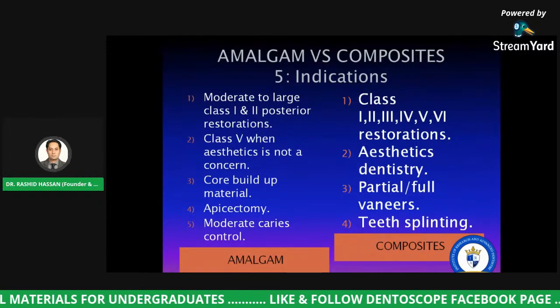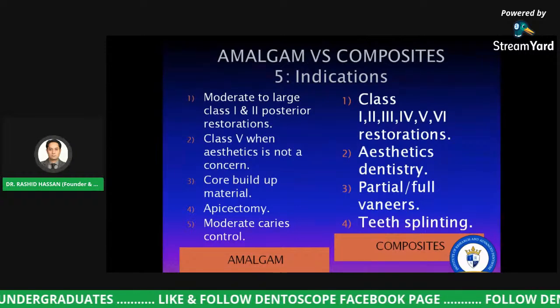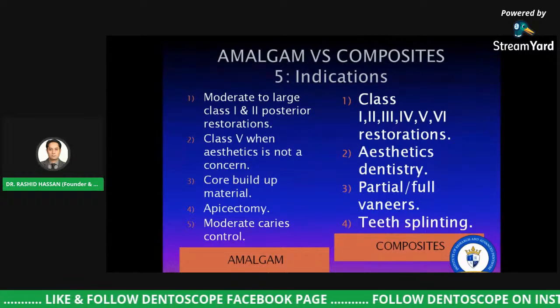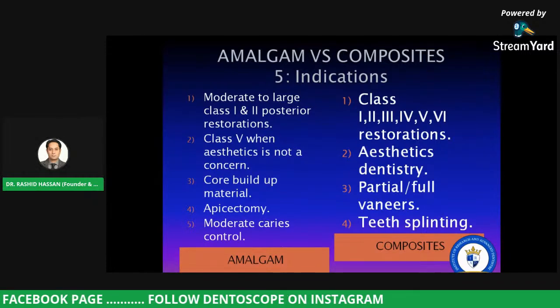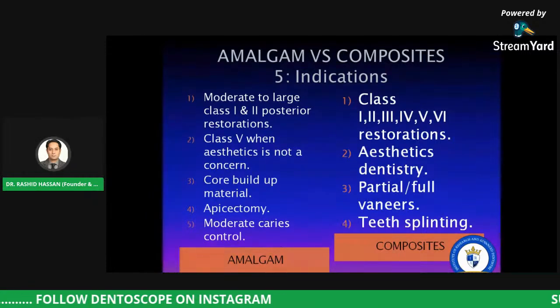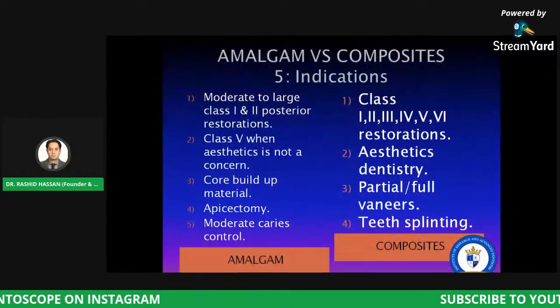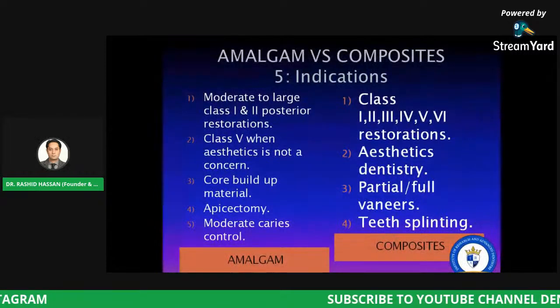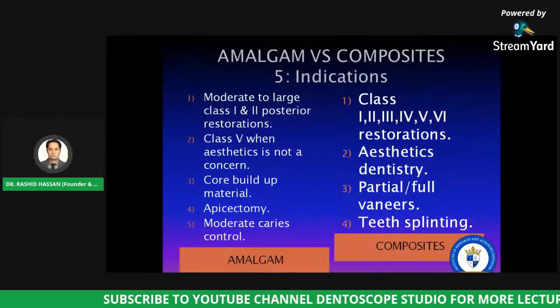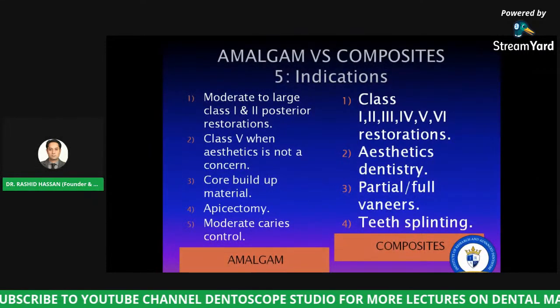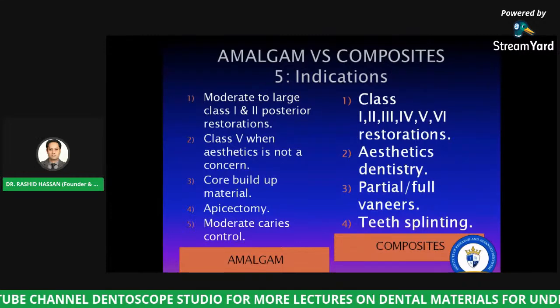Then the apicoectomy. Apicoectomy is basically a surgical procedure in which we do the endodontics. We just remove the apex of the tooth, basically the anterior teeth, and we fill it with dental amalgam. That is called the retrograde filling.